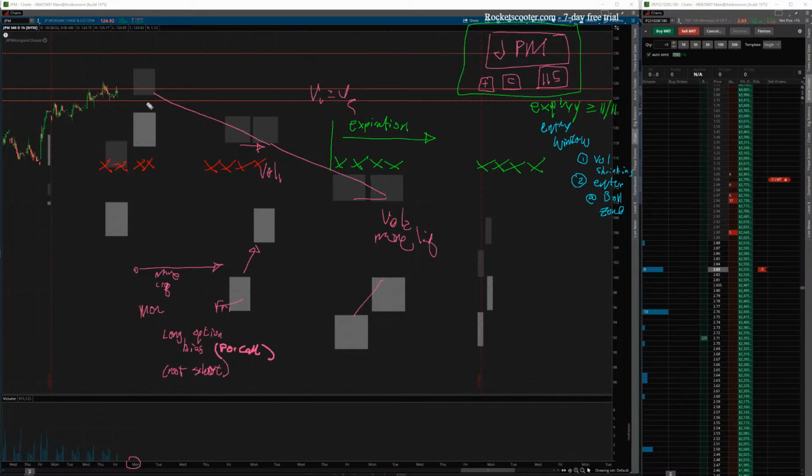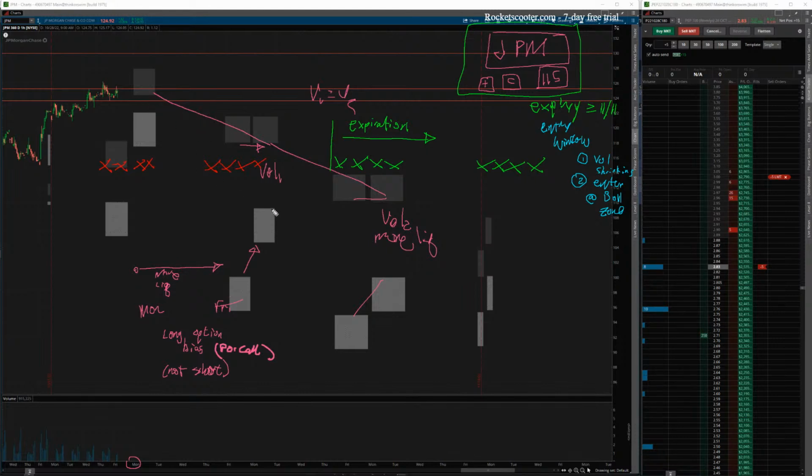So this mode here is that from here to here, volatility goes up. So I don't want to be entering positions here. I want to be entering positions when volatility is lower. So it'll say my entry window is going to be here or sooner. Check, check, check, check.